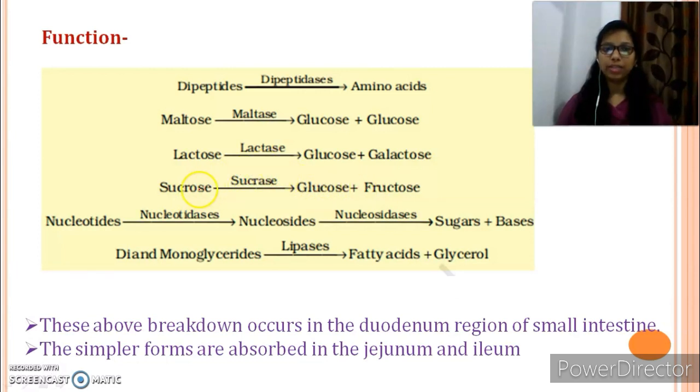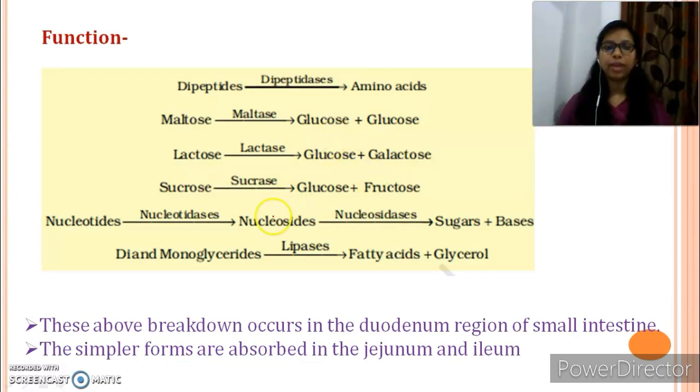Okay, means maltose, lactose and sucrose, they are disaccharides, and the enzymes which break the disaccharides are disaccharidases, which are sucrase, lactase, maltase for maltose. Okay, and they digest it into the simplest form of carbohydrate, which are glucose, galactose, fructose.